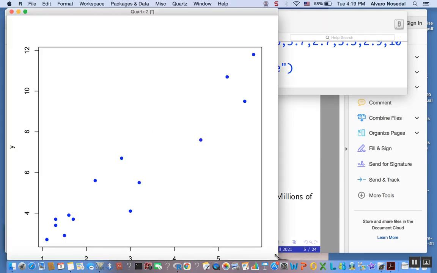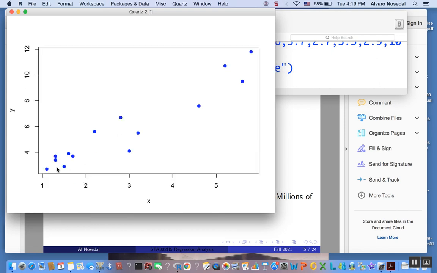According to that scatter plot, we have roughly a linear relationship between x and y. The association seems to be positive. As x increases, y increases. The strength of the relationship is kind of strong.